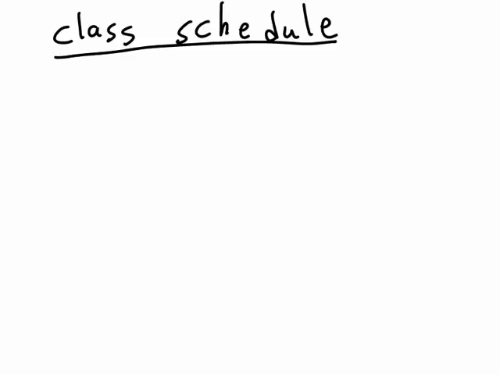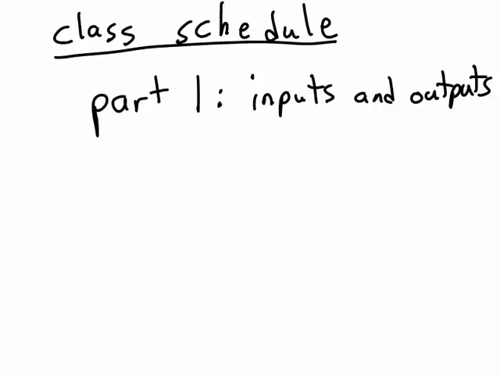In this class, we're going to be looking in particular at three aspects of transforms and systems modeling. In part 1 of the class, we're going to primarily look at different kinds of inputs and outputs. By doing this part of the class first, it will help us start out by getting some practice seeing how transfer functions can be used.